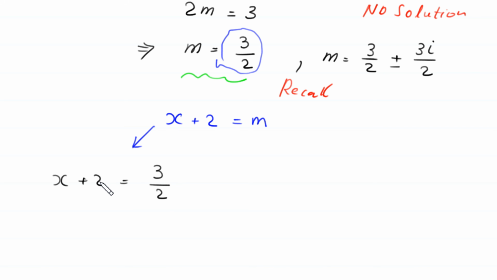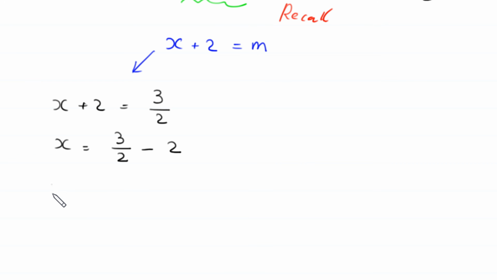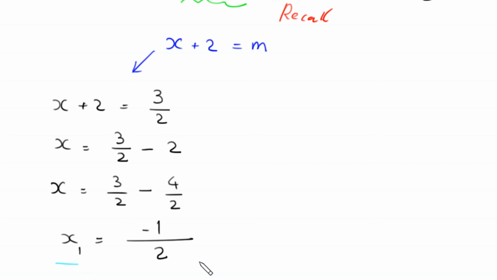We move this plus 2 to the right hand side, then x is equal to 3/2 minus 2. Next, x is equal to 3/2 minus this 2 can be written as 4/2. Then x will be equal to, we write the common denominator 2, and 3 minus 4 is negative 1. So this is the first value of x. This is the first solution of this equation.